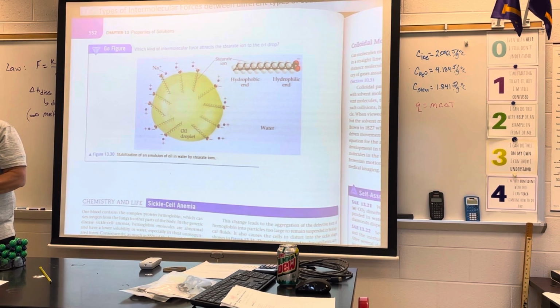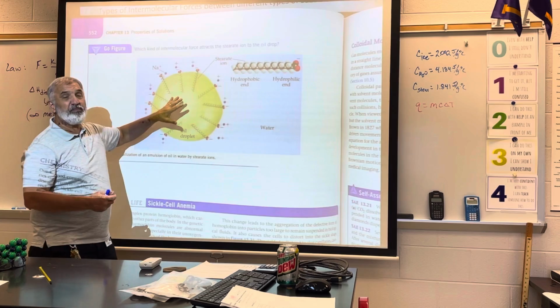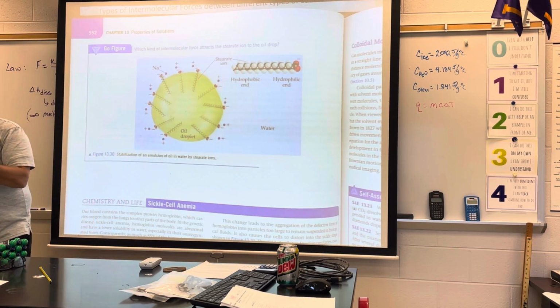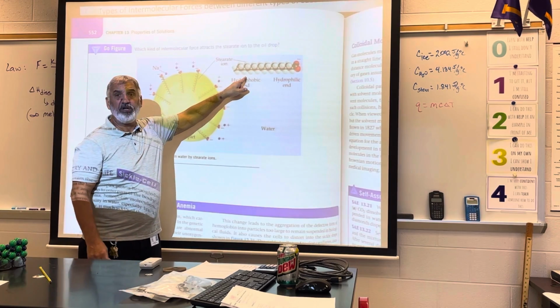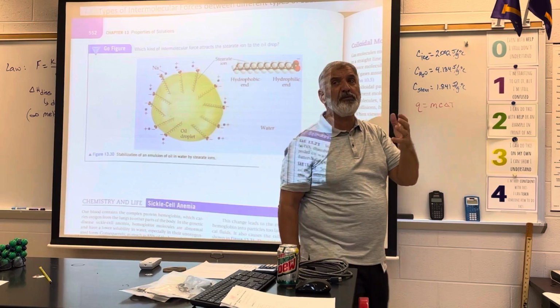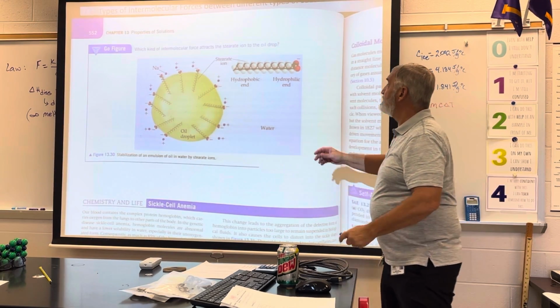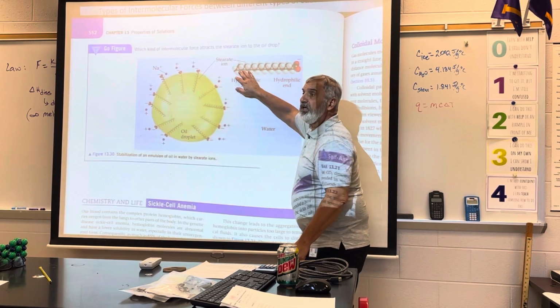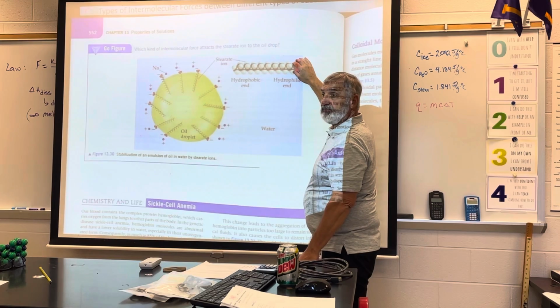So we have to have an emulsifying agent, something that's going to link them together. The oil on your skin and on your hair with water is an unstable emulsion. The two don't want to mix. And so we use soap, and soap is always going to be the sodium salt or the potassium salt of a fatty acid, which simply means that it's going to be a long hydrocarbon, non-polar portion, and then it's going to have a polar head.